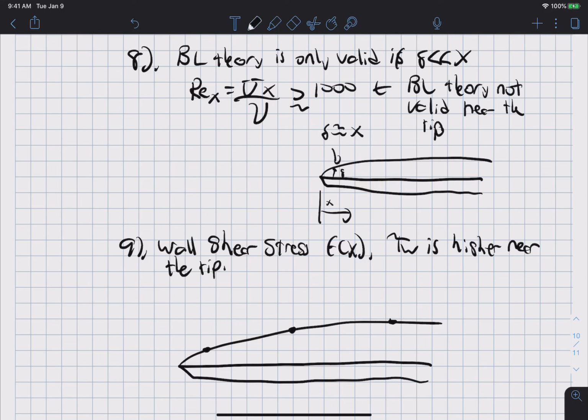So if I just sketch a few cartoony velocity profiles, I don't like that one. There, that one's better. Okay, and then I draw another one over here.